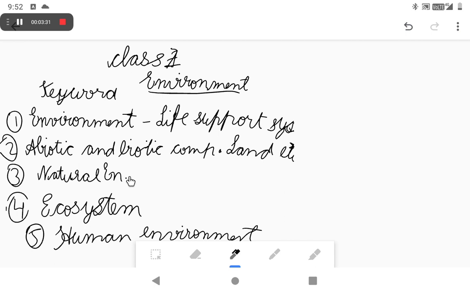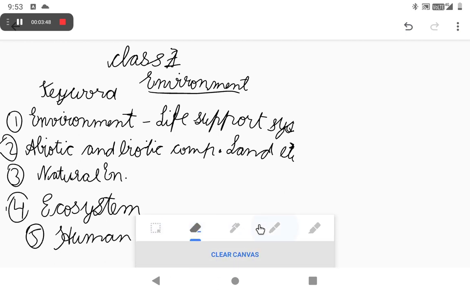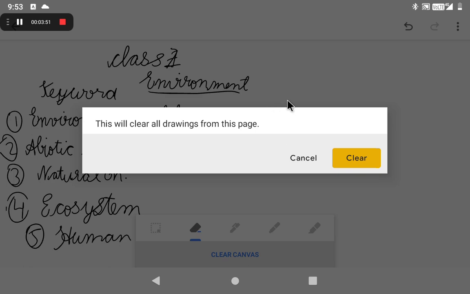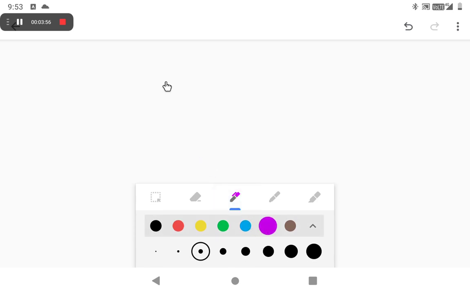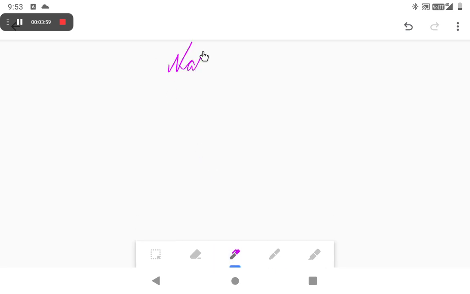What is the natural environment then? The land, water and air, plants and animals comprise the natural environment.